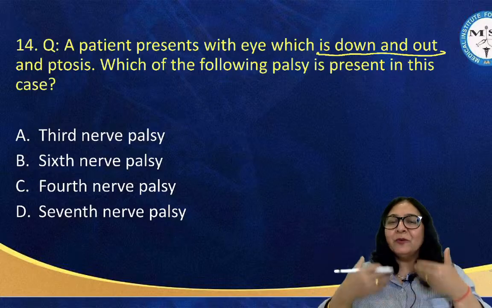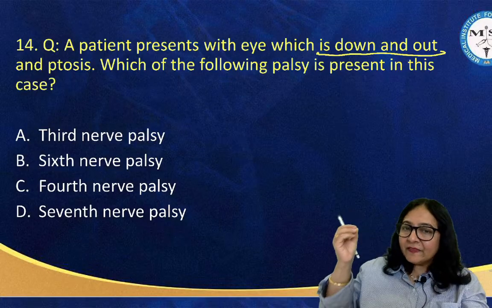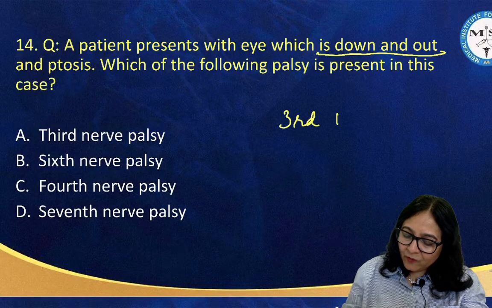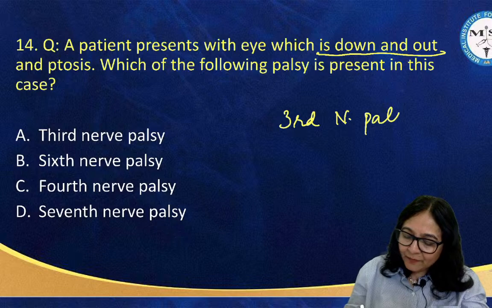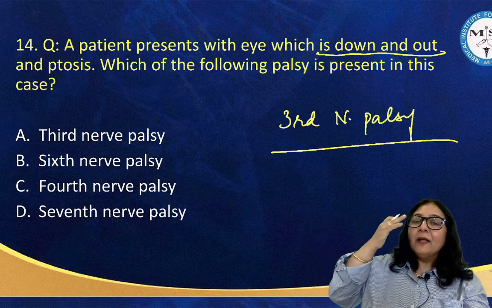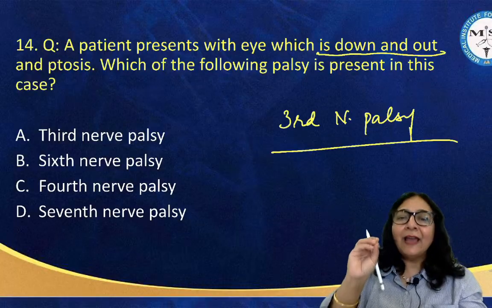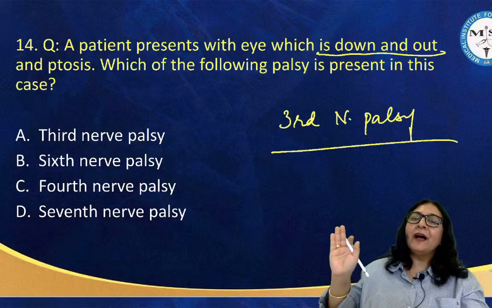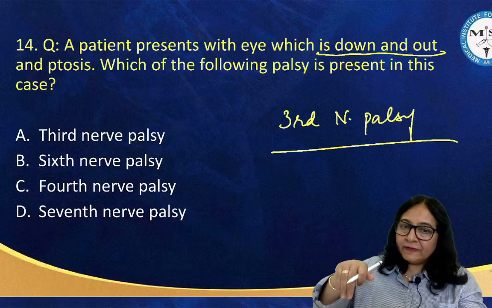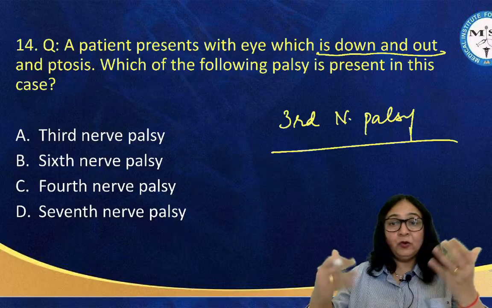We have been remembering this many times frequently, that third nerve palsy is the nerve involvement in which the eye is in down and out position. Why? Because all extraocular muscles other than lateral rectus, which moves the eye out, and superior oblique, whose secondary action is to move the eye down, are normal.